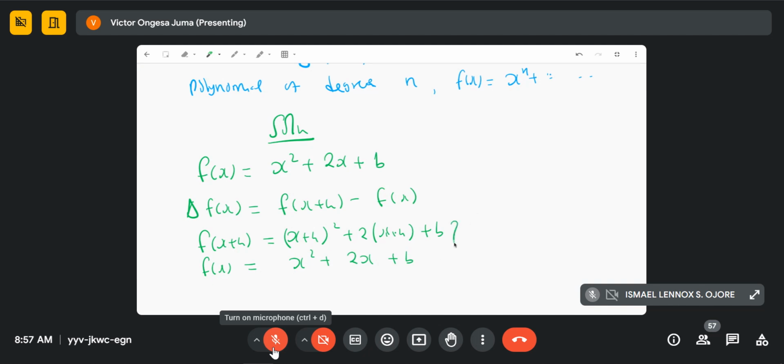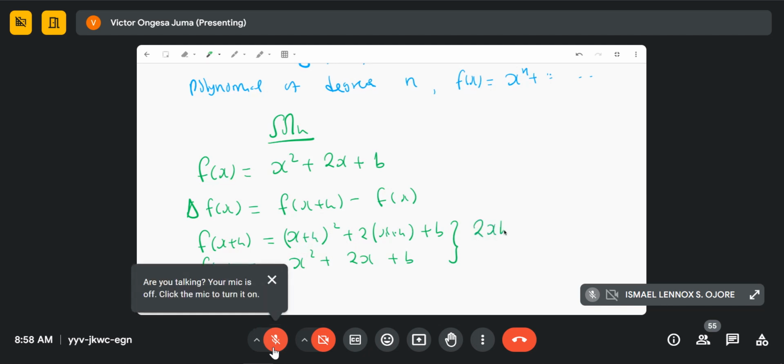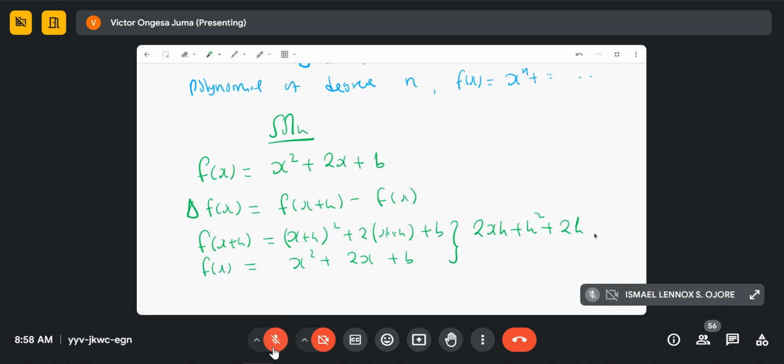So if you subtract, what do you get? b will go, 2x will go, x squared will go. I remain with 2xh plus h squared, and then plus 2h. Is that okay?